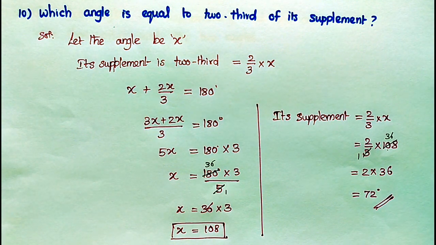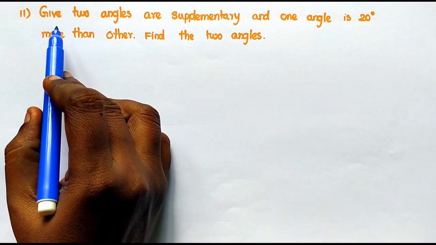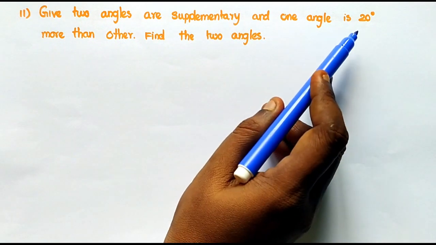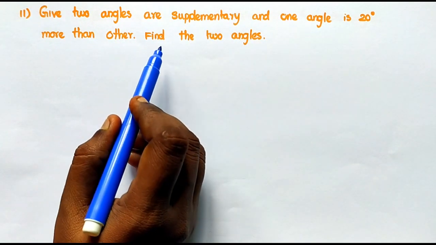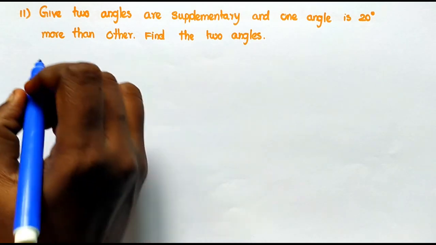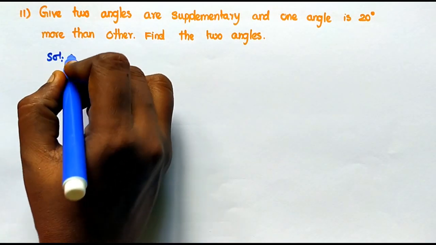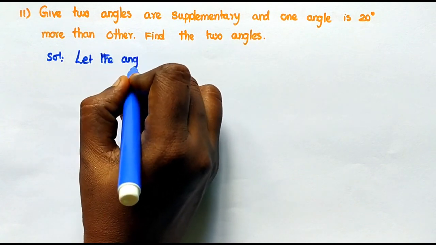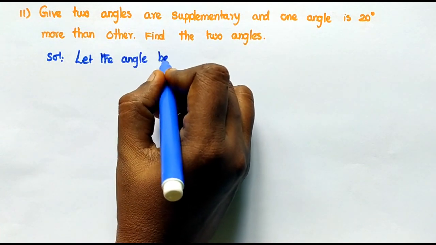That is the answer. 11th one, given two angles are supplementary and one angle is 20 degree more than other. Find the two angles. We don't know the angle, so let the angle be x.